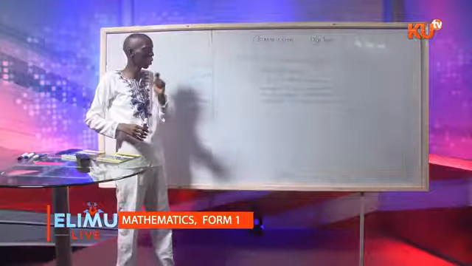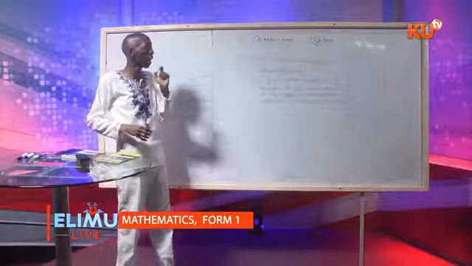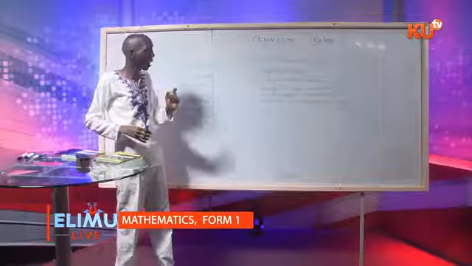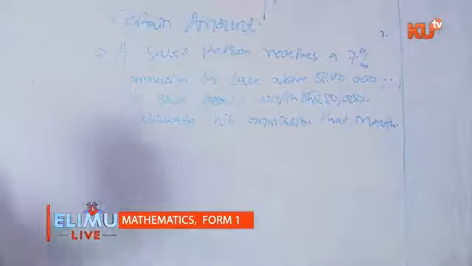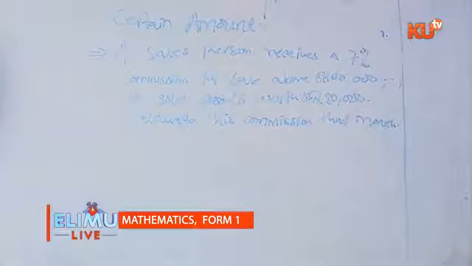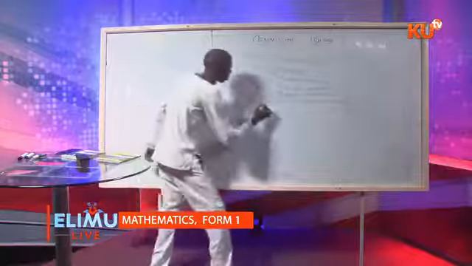Back to our example. A salesperson receives a 7% commission for sales above 100,000 shillings. He sold goods worth 280,000 shillings. Calculate his commission that month. Solution.